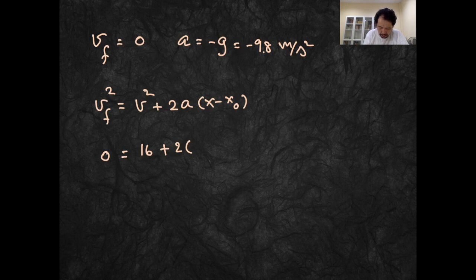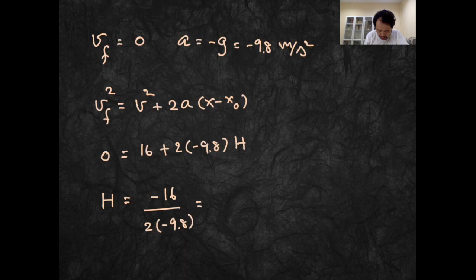So this is a minus 9.8. And x minus x0 is the distance that the frog moves, so we can change the variable to h, the height of the jump. So we have the height equal to minus 16 over 2 times minus 9.8.